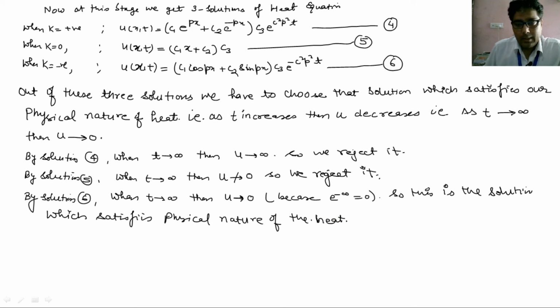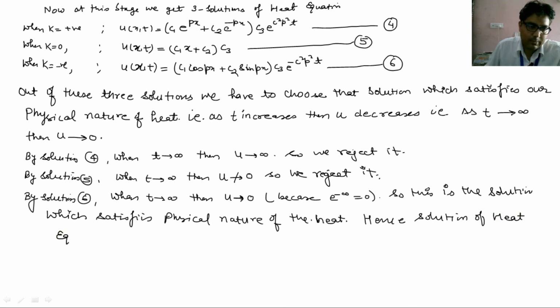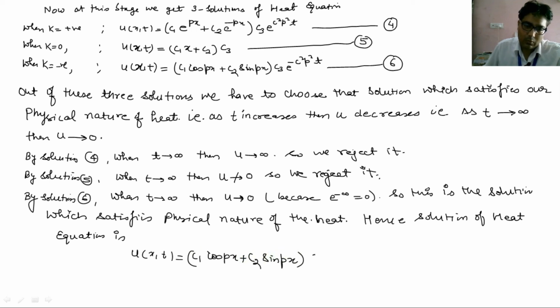So hence the solution of the heat equation is u of x comma t is equal to c1 cos px plus c2 sin px into c3 e to the power minus c square p square t.